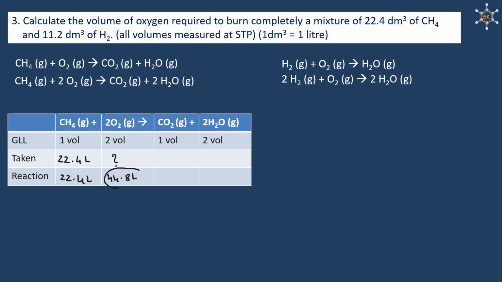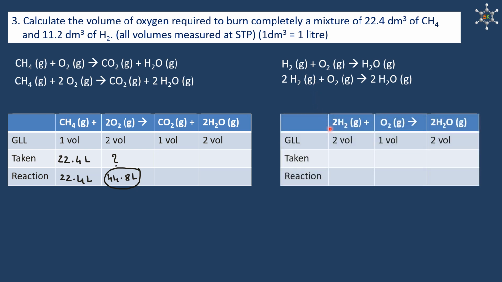This is one answer. For the other set of reaction, if we apply Gay-Lussac's law, then 2 volumes of hydrogen react with 1 volume of oxygen, giving 2 volumes of water vapor. Amount of hydrogen taken is 11.2 liters. Amount of oxygen required has to be calculated.